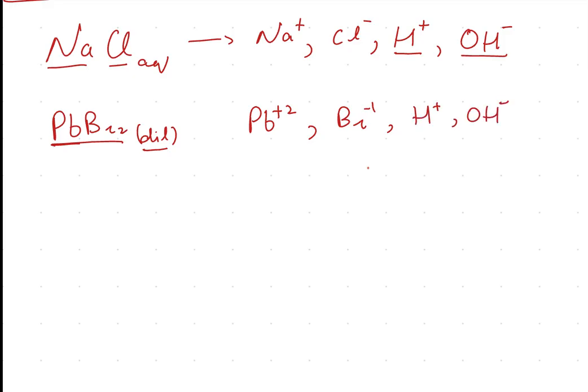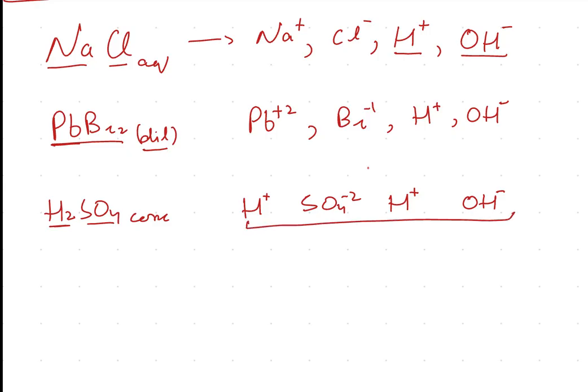In the same way, here you can see H2SO4 and it is aqueous. Instead of aqueous, I'm writing concentrated solution. It contains H positive, because you can see the H here, and SO4 has a minus 2 charge, and due to the water it also contains H positive and OH negative. Sometimes students don't write H positive two times because both are the same, so you can also write only three ions: H positive, SO4 minus 2 and OH negative.